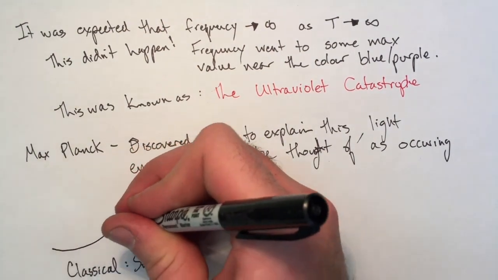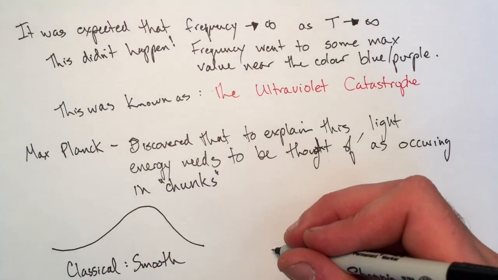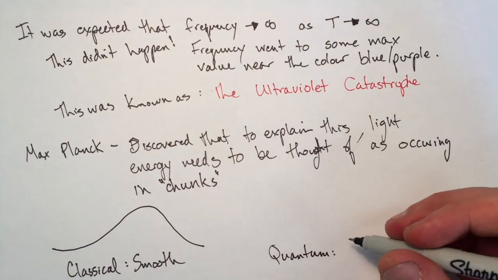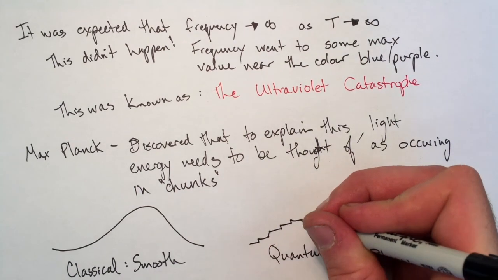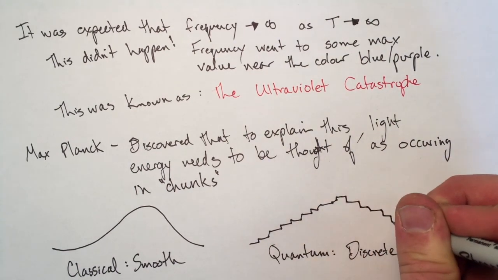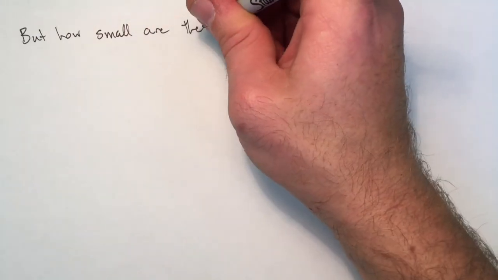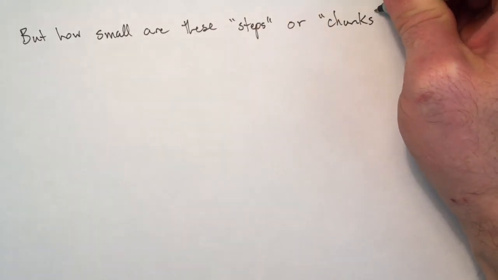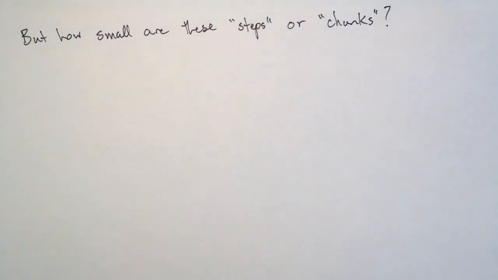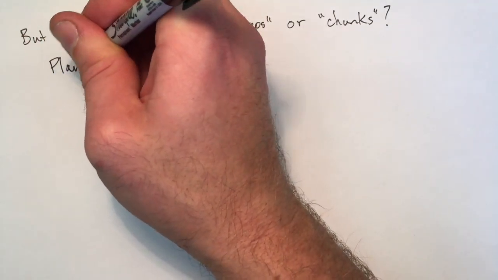If we compare it to classical, energy can change along a smooth curve, gradually from kinetic to potential, whatever we want. But quantum actually says no, energy can only go in little steps or little chunks. The consequence of this is that this is how we're able to actually explain things like energy packets or energy chunks in an atom.